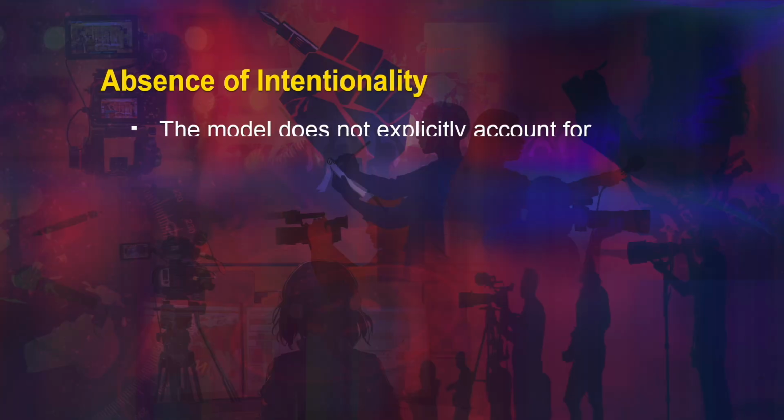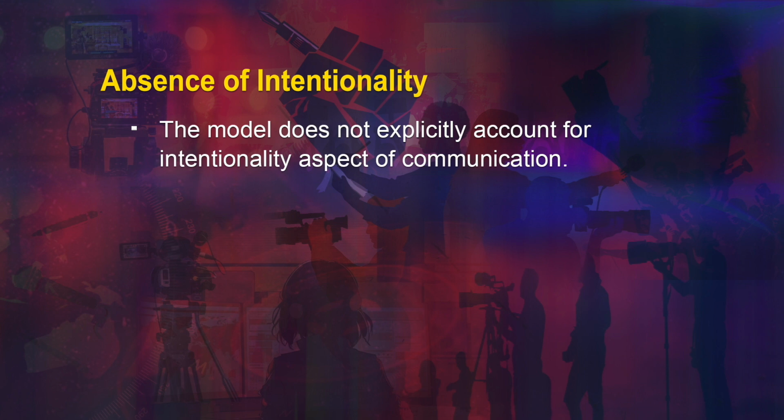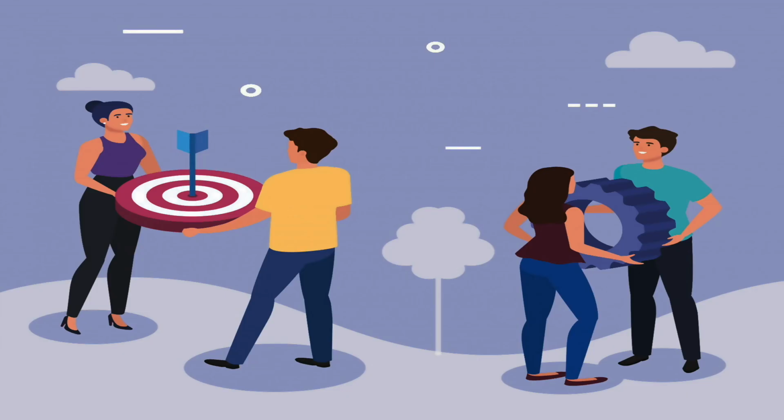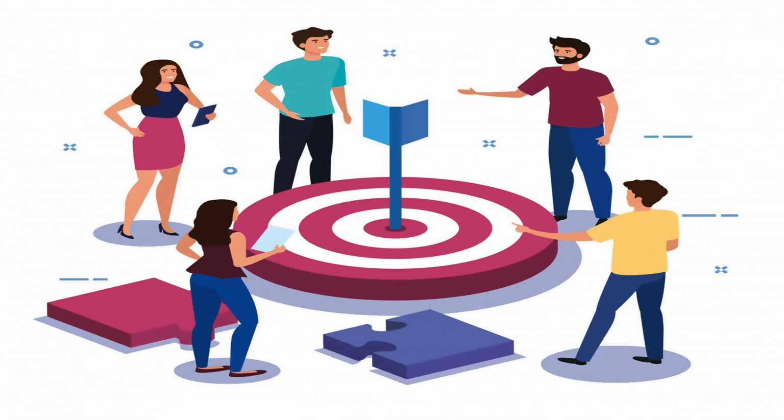It may not fully capture the diversity of communication patterns and practices across different cultures and societies. Absence of intentionality. The model does not explicitly account for the intentionality aspect of communication. People often communicate with specific goals, intentions, and purposes, and these elements are not explicitly addressed in this model.